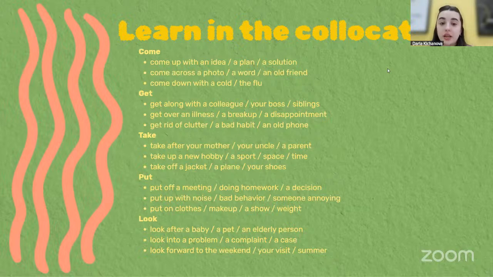And we can see different collocations, such as come up with an idea, come across a photo, come down with a cold, get along with a colleague, get over an illness, get rid of clutter, take after my mother, take up a new hobby, take off a jacket. So here you can see that there are many variants for how to learn phrasal verbs.